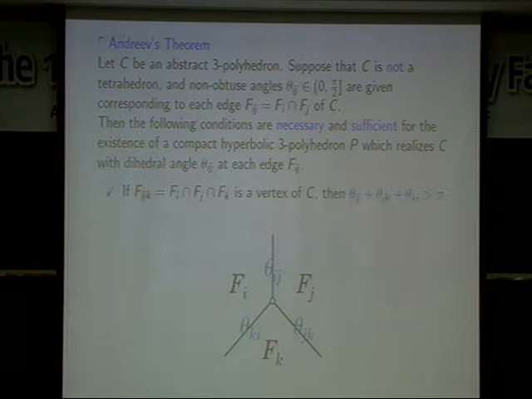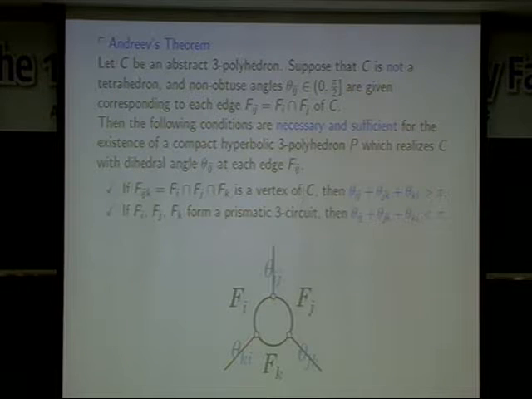First, if a vertex of C has three incident edges, then the sum of the angles is greater than pi. Another one: if three facets form a prismatic 3-circuit, then the sum is less than pi.